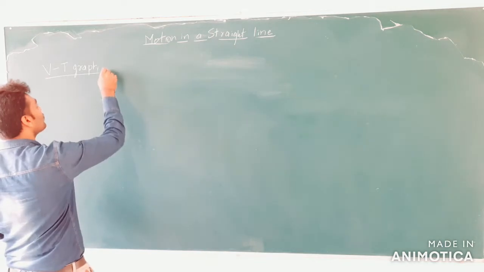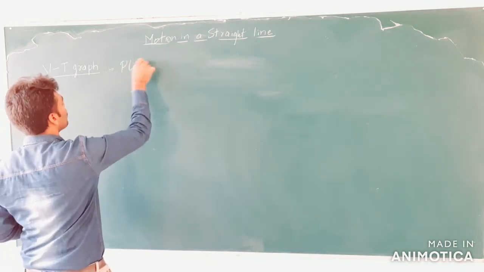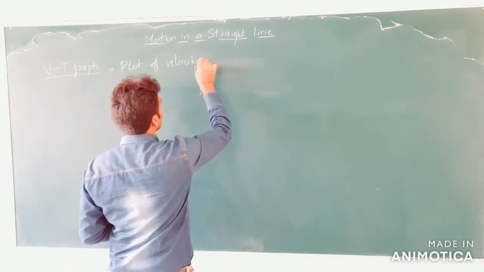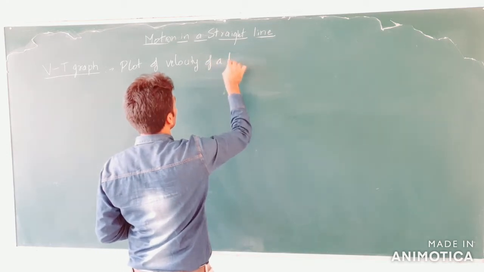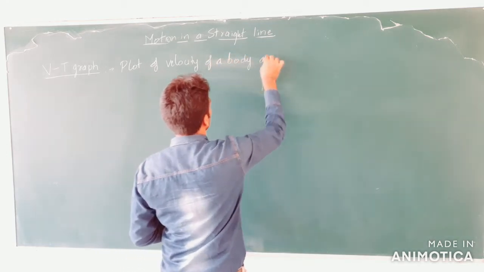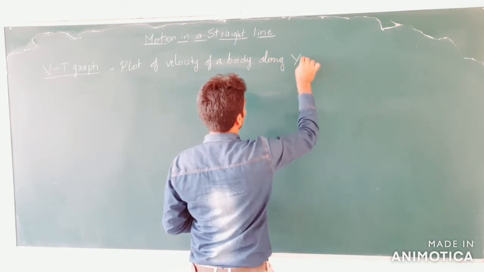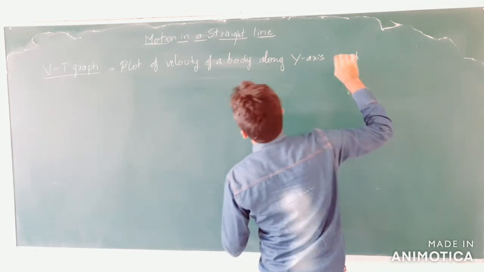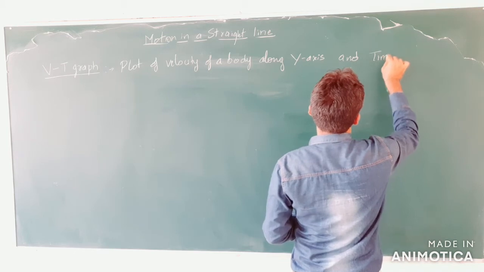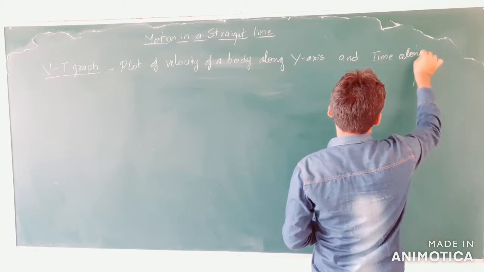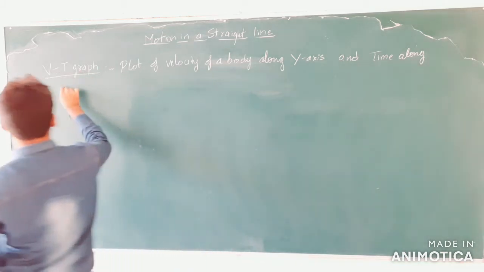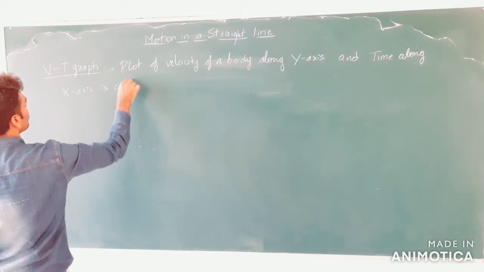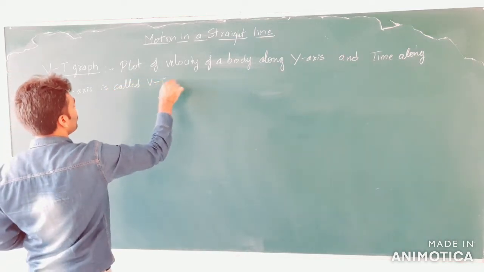So what is a VT graph? A VT graph is a plot of velocity of a body along the y-axis and time along the x-axis. It is called a VT graph.